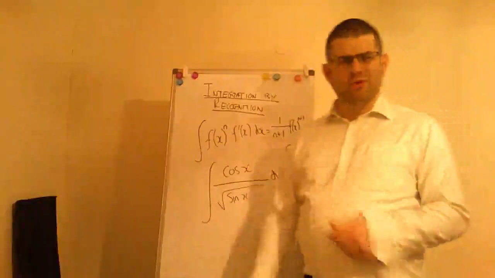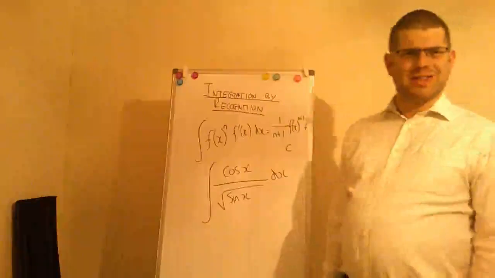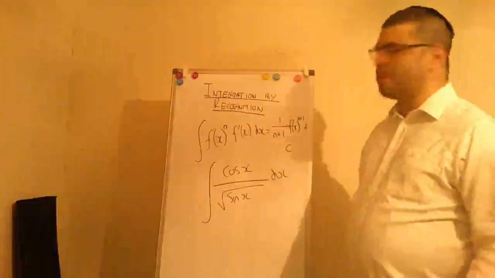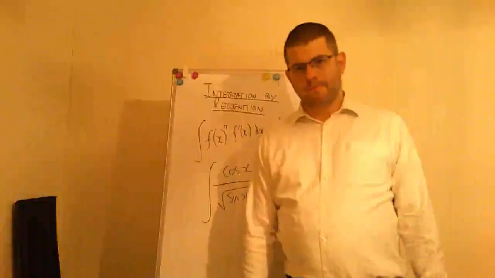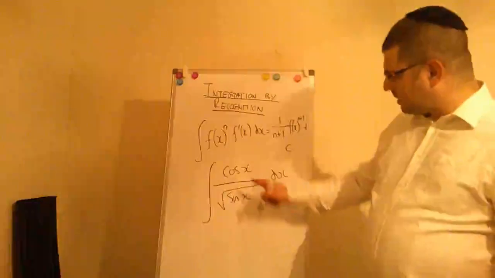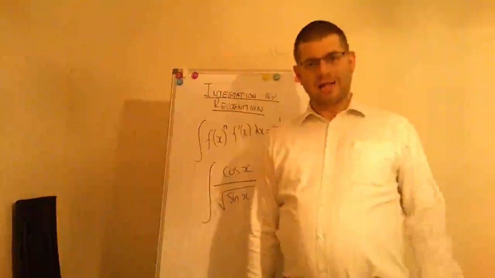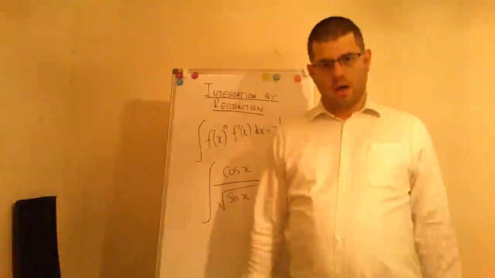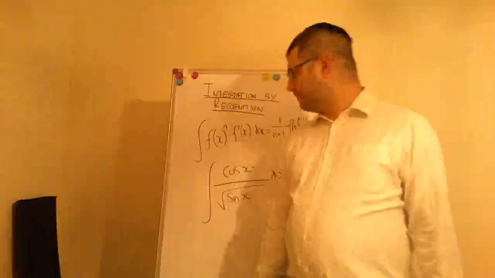You've got cos x over root sine x. What's that got to do with this? So remember, you have to think. That's not exactly in that form as it stands, but a little bit of manipulation, and it can be.